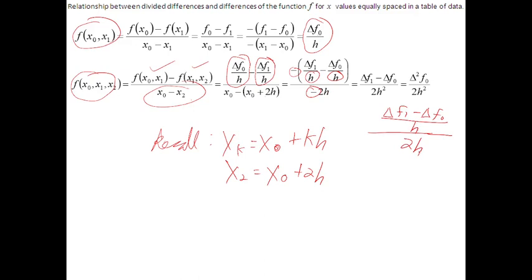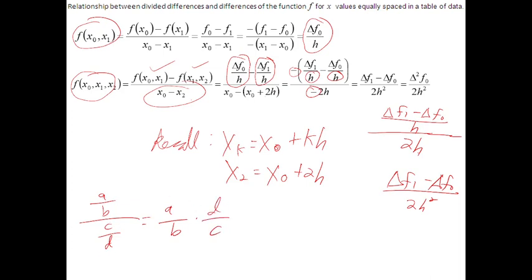So the h and the 2h combine. h times 2h is 2h squared. I applied the laws of fractions: a over b times the reciprocal d over c.